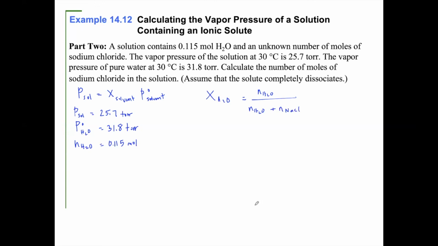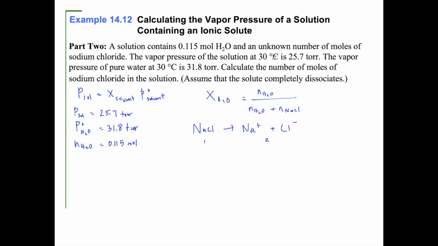Now the thing is that we have to consider that sodium chloride, when it dissociates, becomes two ions. Right? So we go from 1 to 2 here. That means that however many moles of sodium chloride you have, there's actually going to be twice as many moles of ions in this solution.